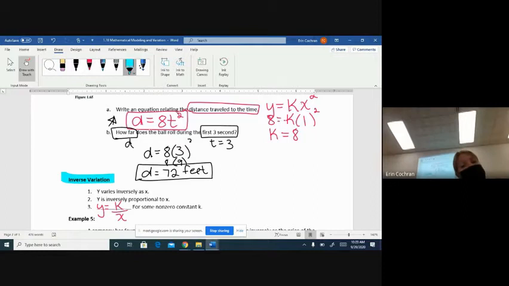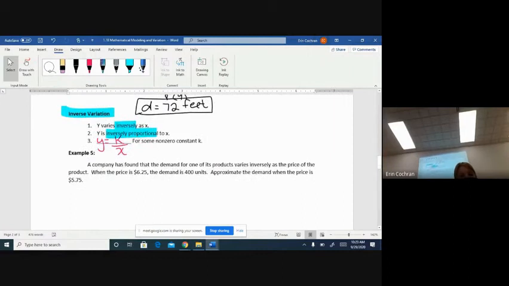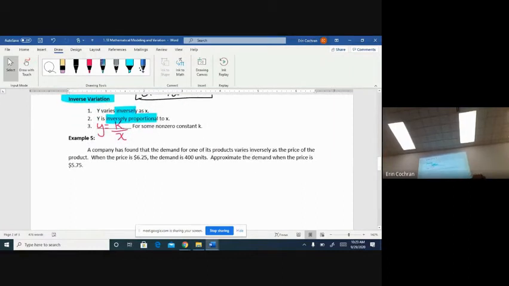How do we know if we're going to use this formula? It's going to say varies inversely or inversely proportional to it. All right. So a company has found that the demand of one of its products varies inversely as the price of the product.